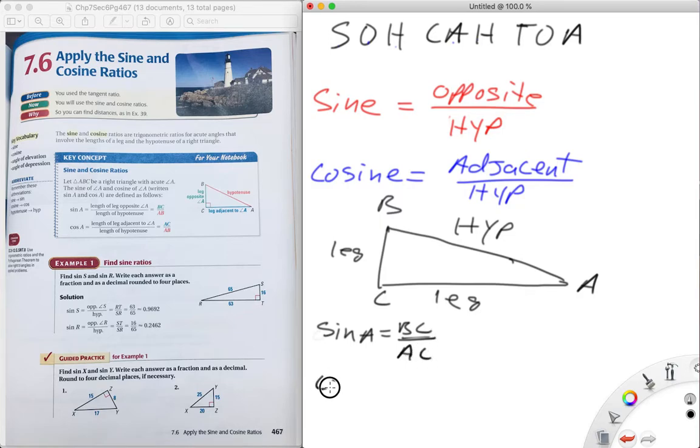And then cosine of A is adjacent over hypotenuse. I'm sorry, BC over AB. Cosine is going to be AC over AB.